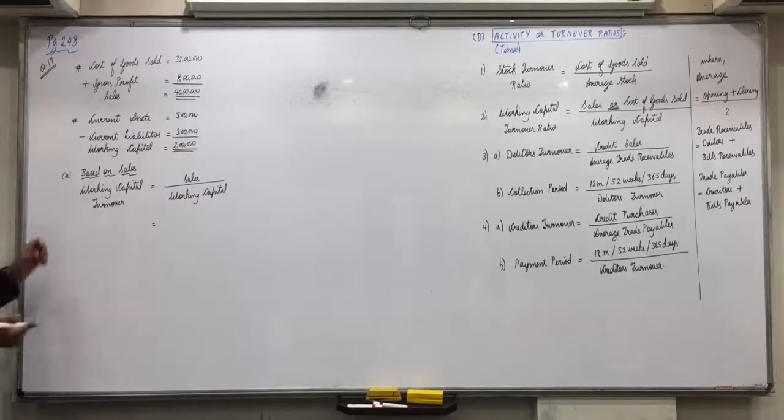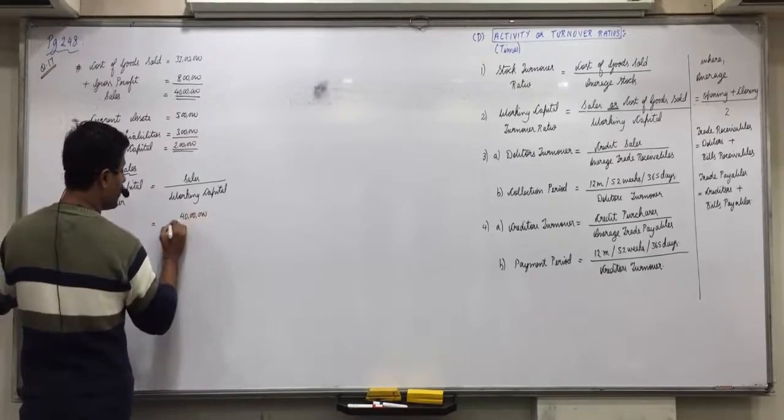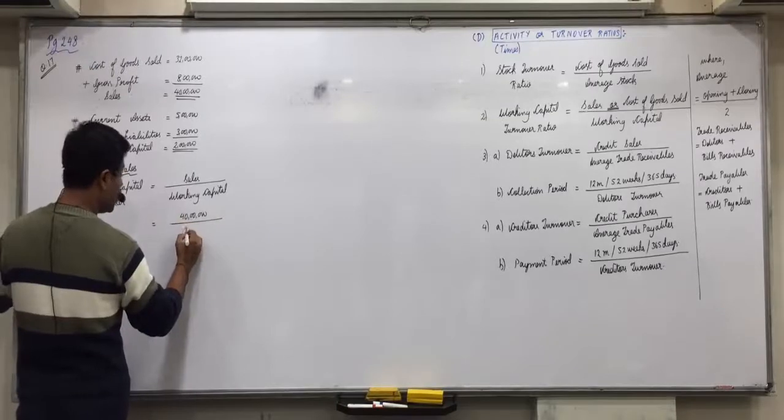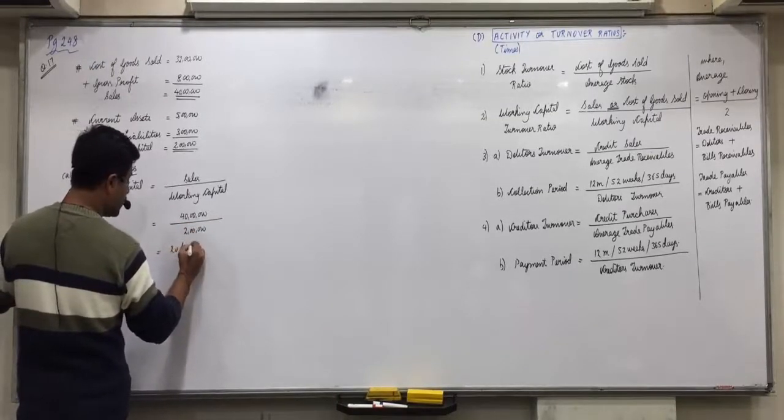Sales means 40 lakhs divided by working capital 2 lakhs, 20. So 20 times.